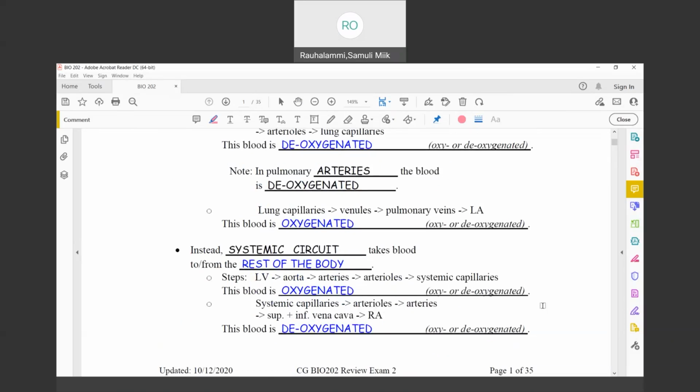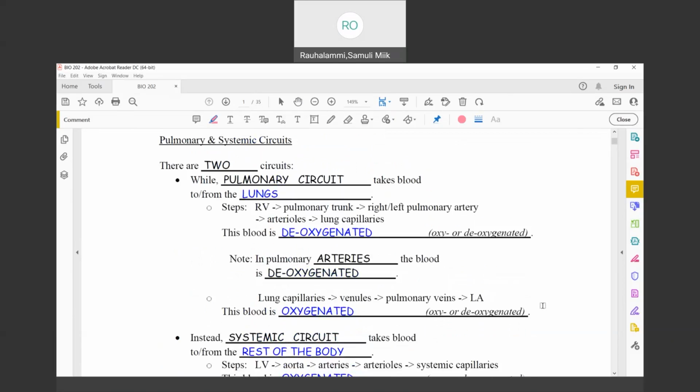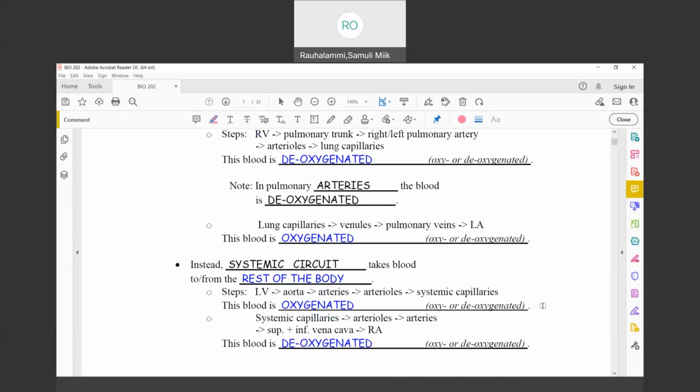This blood is now oxygenated, and once it returns from the systemic circuit to the right-hand side of the heart, it's now deoxygenated, so low in oxygen concentration.